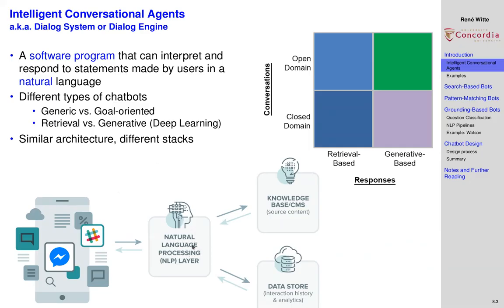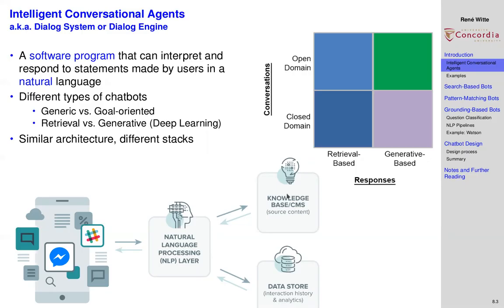Then you need some kind of natural language processing. This can be very simple pattern matching or a lot more sophisticated deep analysis. We'll talk more about natural language processing in the upcoming lectures. And then it needs some way to retrieve the answers. This can again be different depending on the technology.